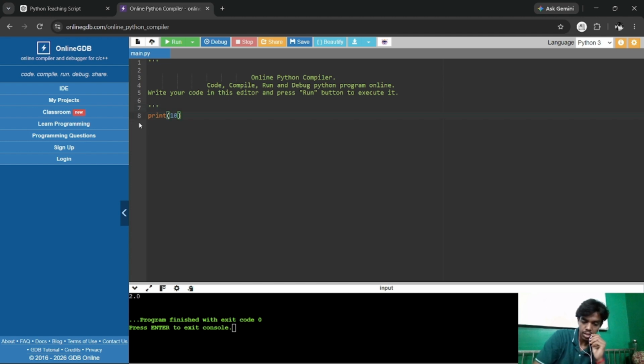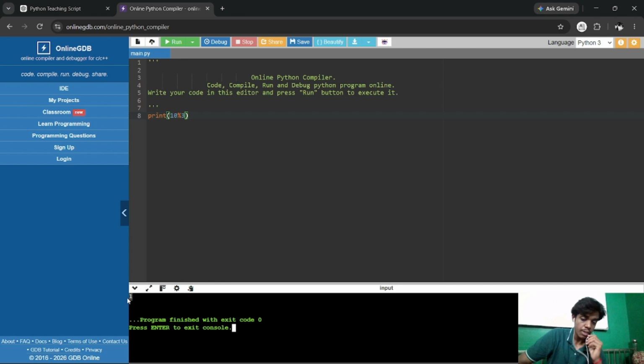So predict the output. What do you think the output will be? The output here is 1. What could 1 possibly be? The modulus operator gives the remainder after division. So here 1 is the remainder which comes after dividing 10 by 3.